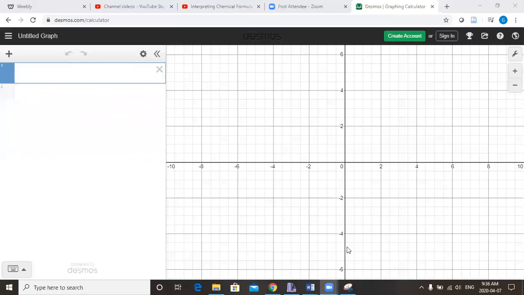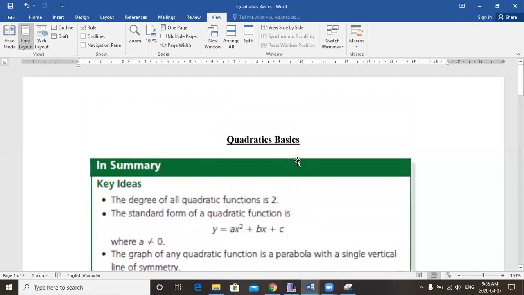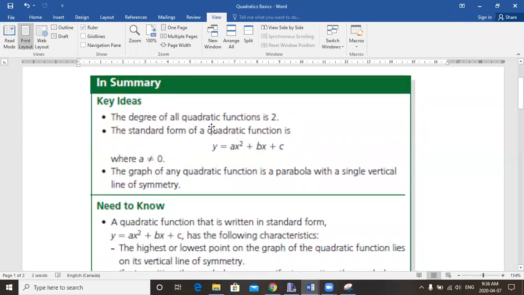So if you refer to the notes that you just downloaded, the bottom line here is that a quadratic function has a degree of 2. If you remember from your grade 9 math, the degree of any function is the highest exponent above the variable. So here, x squared, the degree is 2, so that makes it a quadratic.